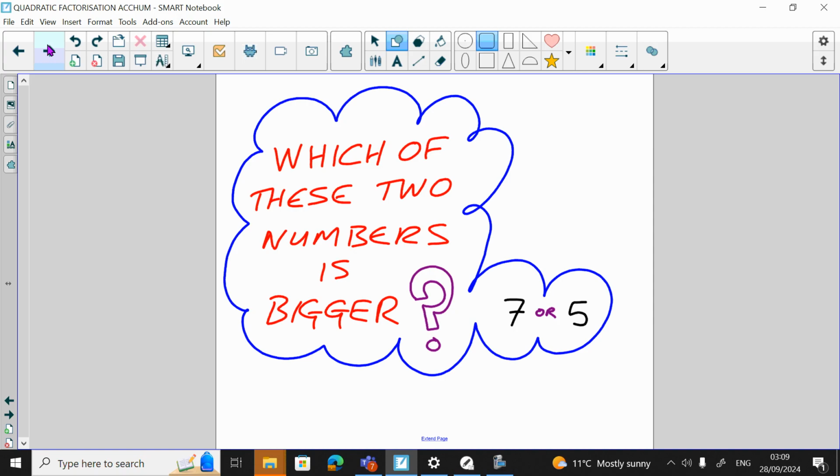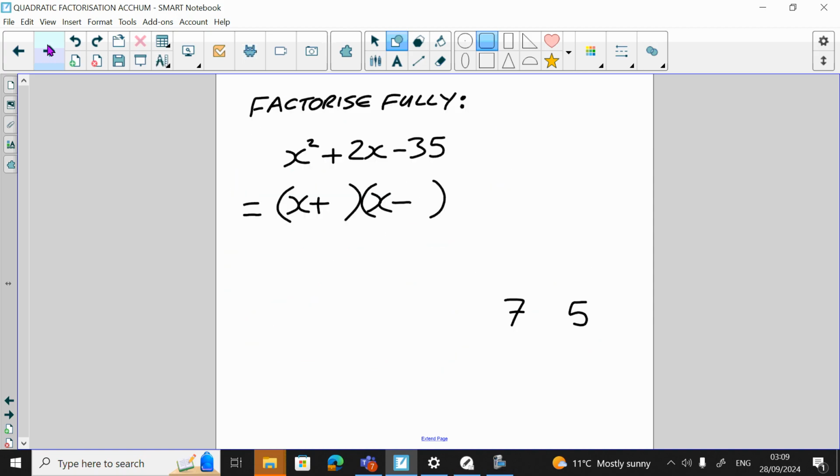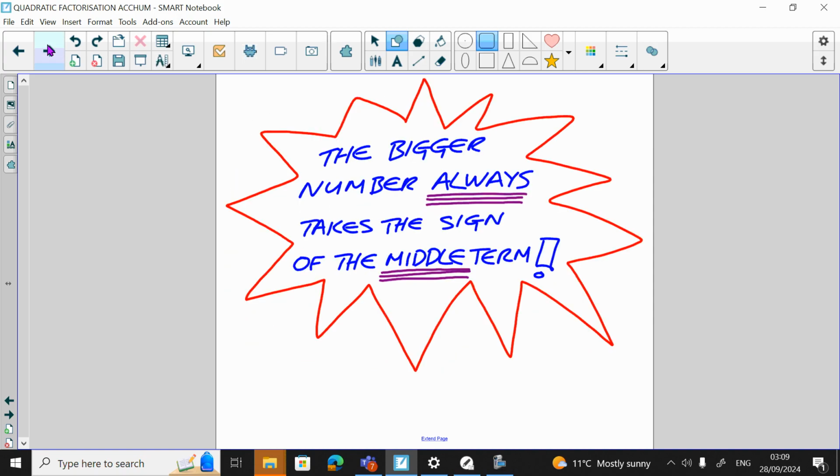Which is bigger? And this is very important. I put important things in what I call jaggies. That's a jaggy. Not a cloud, it's a jaggy. Right. So, the bigger number always takes the sign of the middle term.